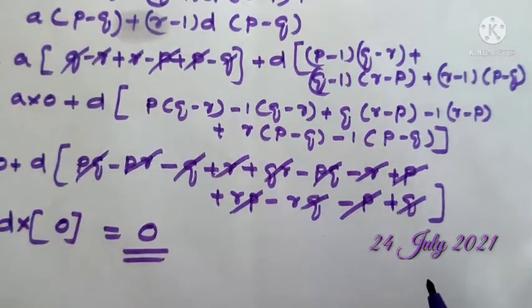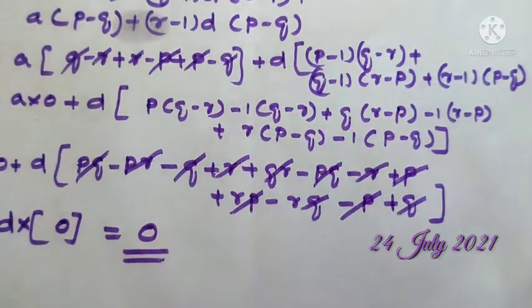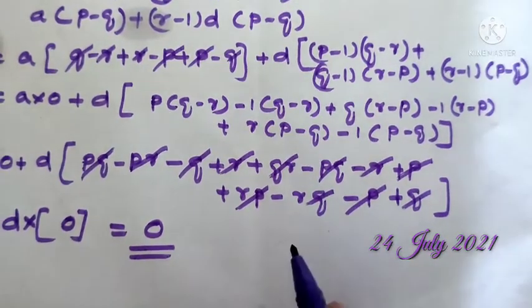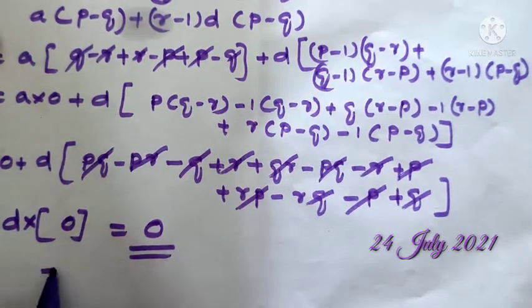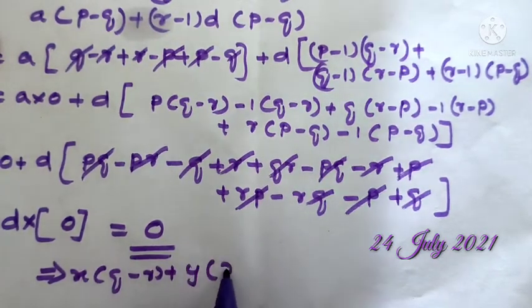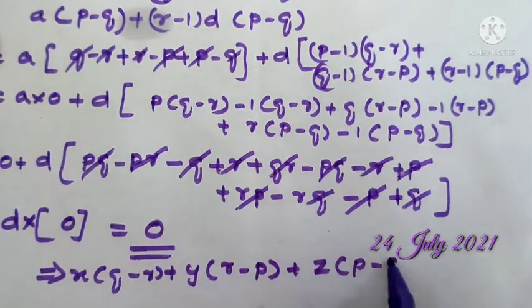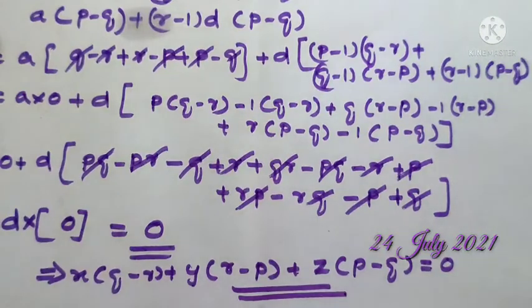D into 0, 0 only. First only A into 0 we got 0. Now D into 0 equal to 0. So what we got implies x into q minus r plus y into r minus p plus z into p minus q equal to 0. Hence proved, we have shown here.